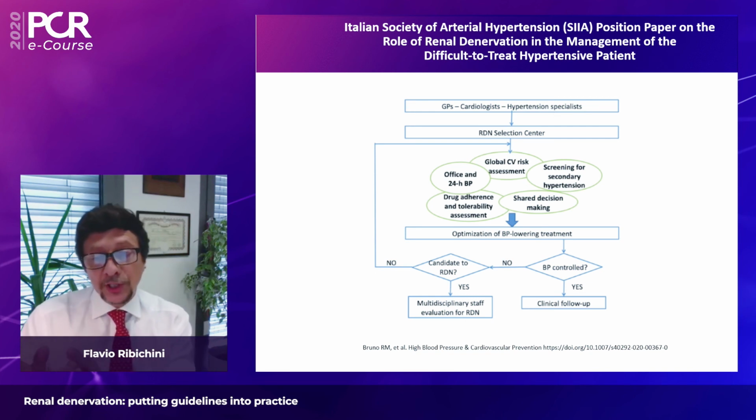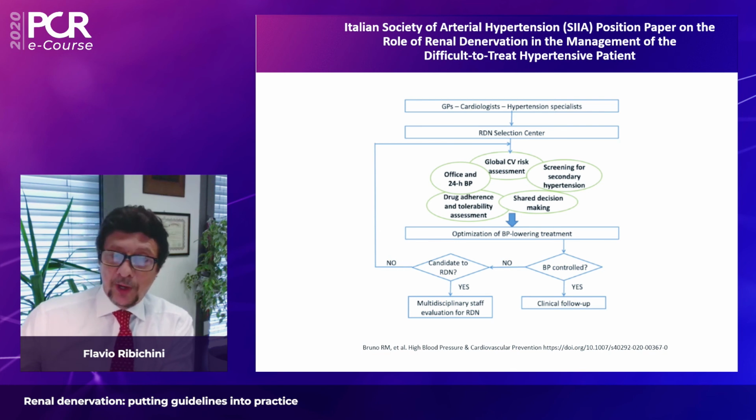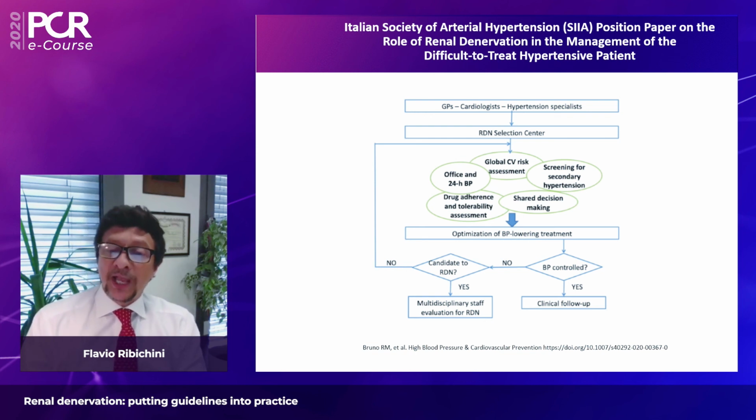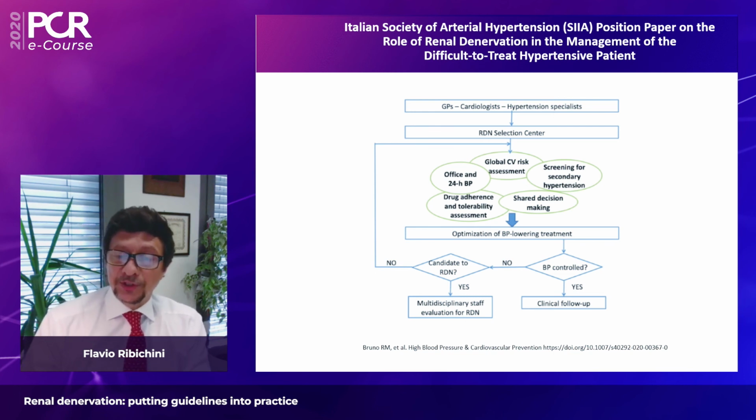Those reaching a good blood pressure control continue follow-up on time, while those not reaching the target for a good blood pressure control undergo the interventional procedure, following the multidisciplinary advice of the team.